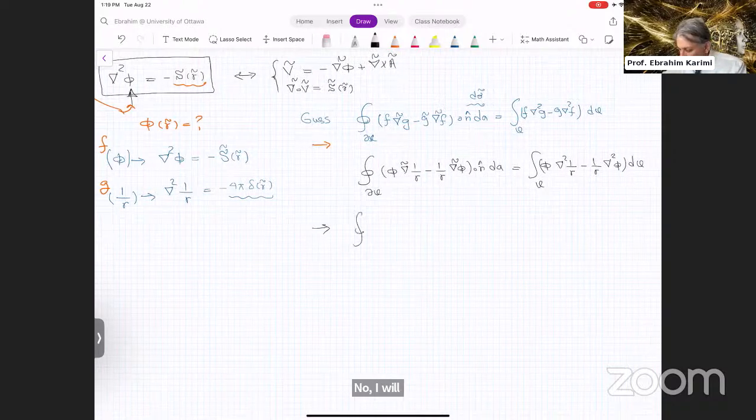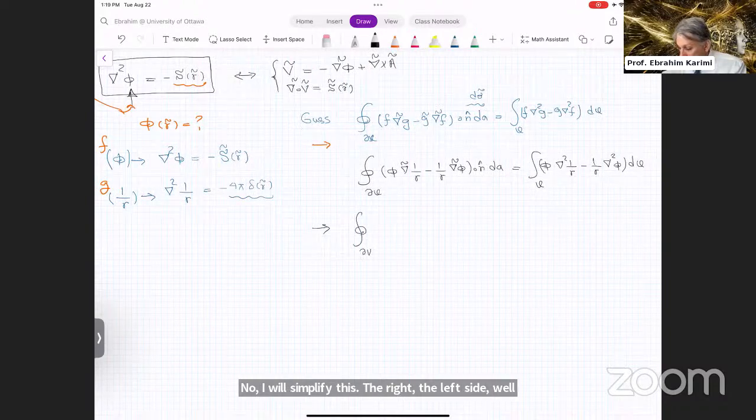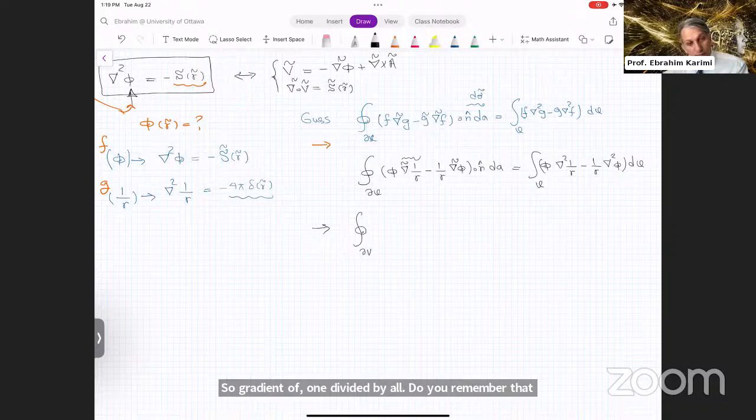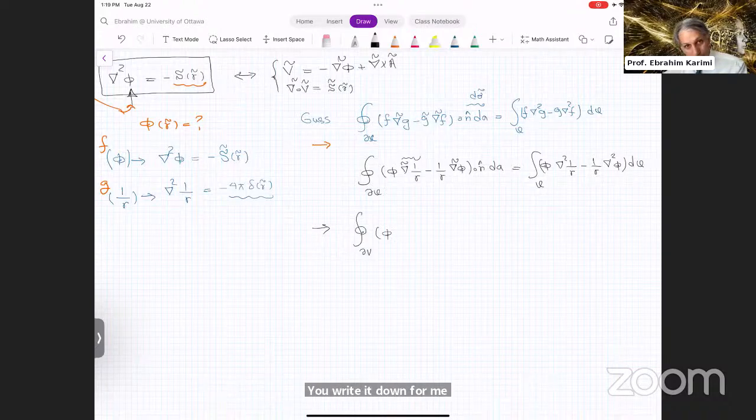The right side, the left side, well, let's keep it like that at this moment. So gradient of 1 divided by r. Do you remember that? Minus r divided by r power of 3.